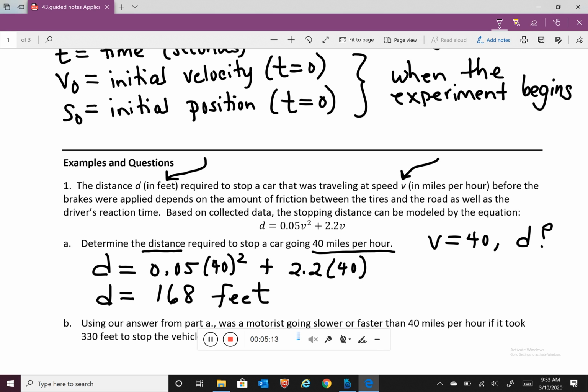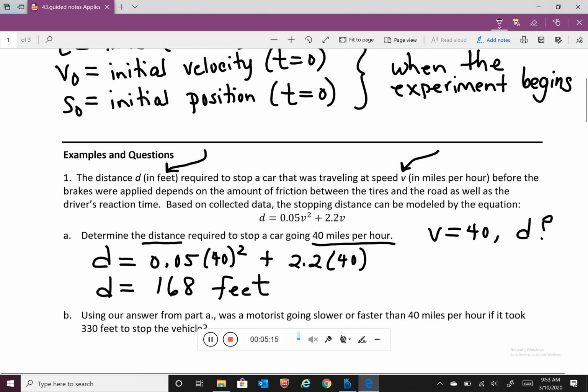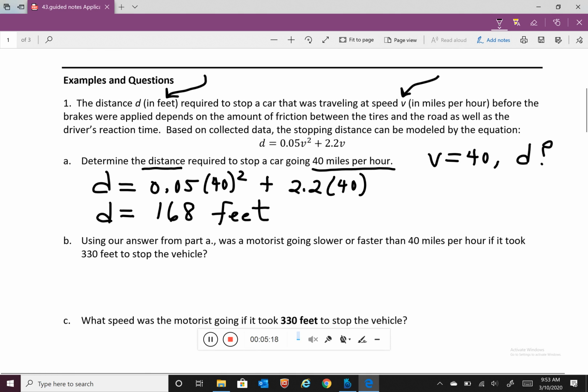So I want you to think for a moment for part B. If it takes 168 feet for a car to be able to stop if the driver was going 40 miles per hour, was a motorist going slower or faster than 40 miles per hour if it's going to take that motorist to stop the vehicle a distance of 330 feet? I just want you to take a moment.